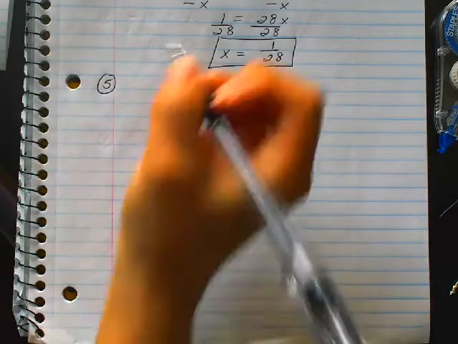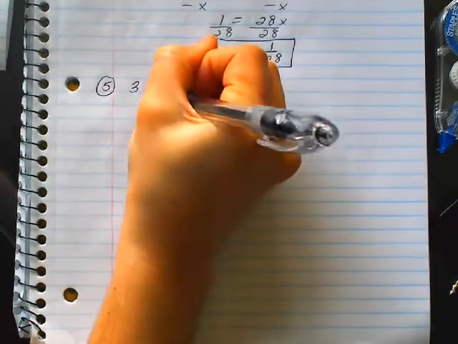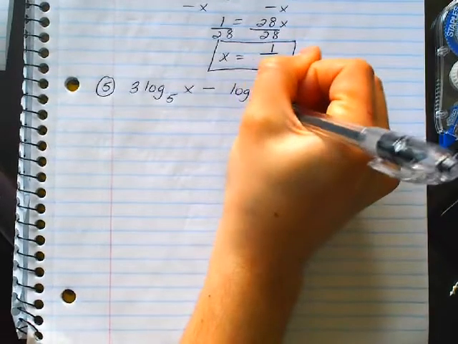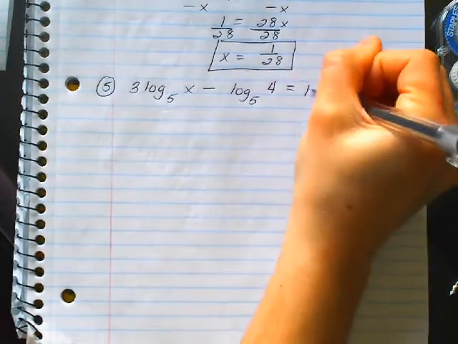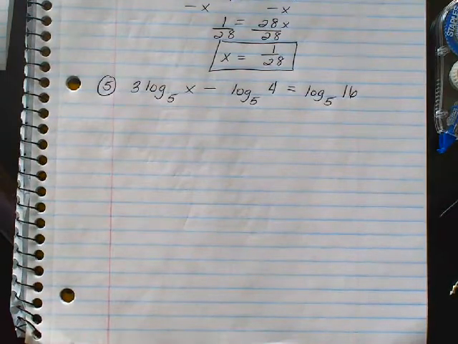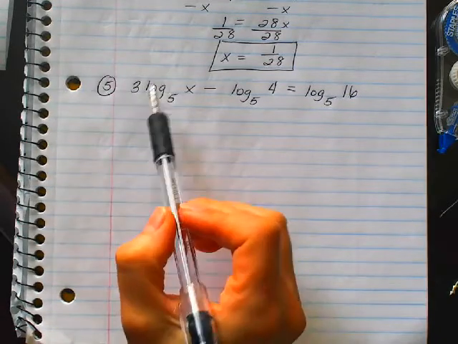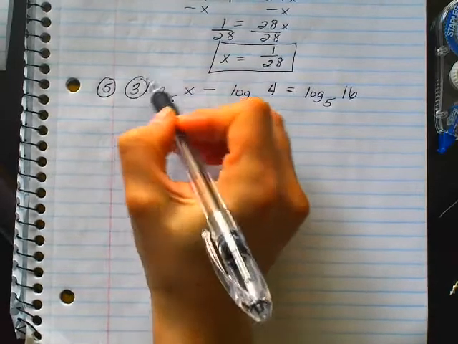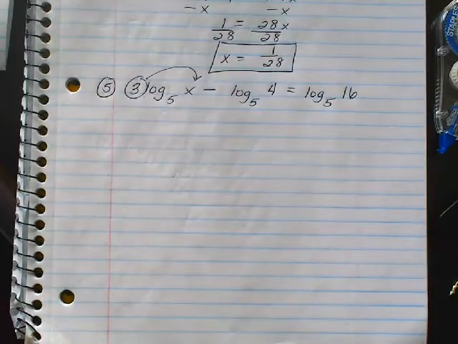Last one, number 5. 3 log base 5 of x minus log base 5 of 4 equals log base 5 of 16. Okay, so I like this problem because it requires that I apply two log properties. The first one says that if you've got a coefficient here, you can assume that at one point in time, this was the exponent of your logarithm.